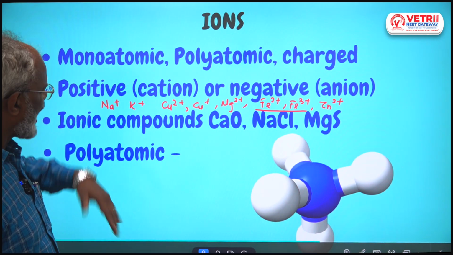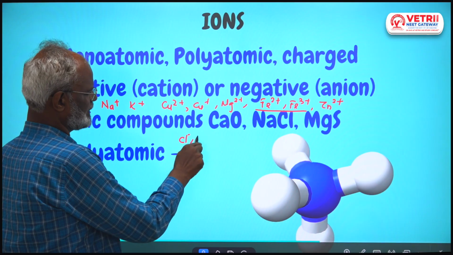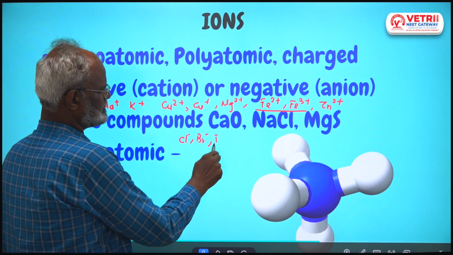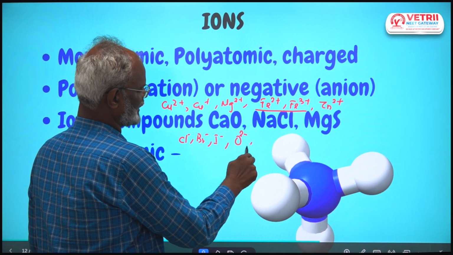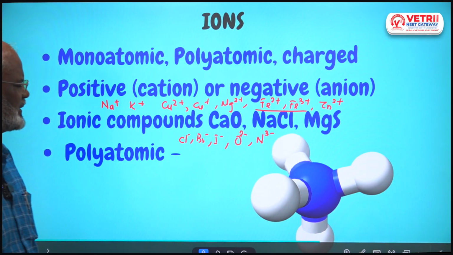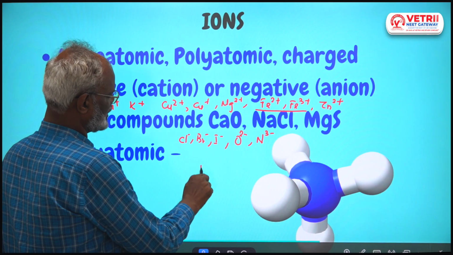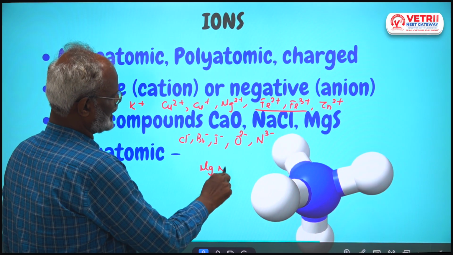Like that, for anions also I will give you some examples: Cl-, Br-, I-, O2-, N3-. We have magnesium nitride, which will be Mg3N2.